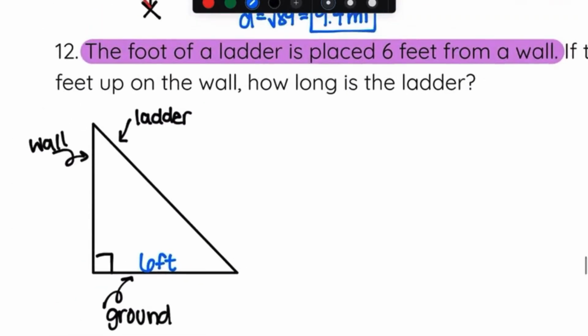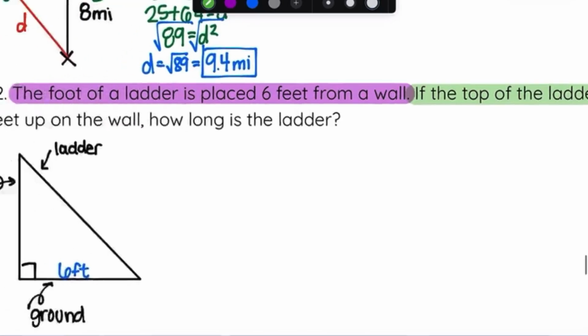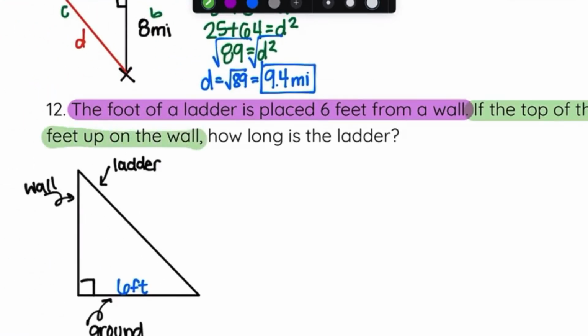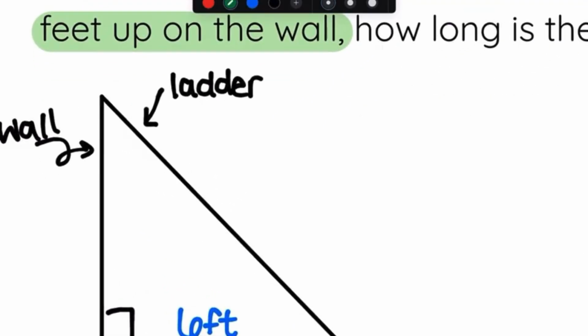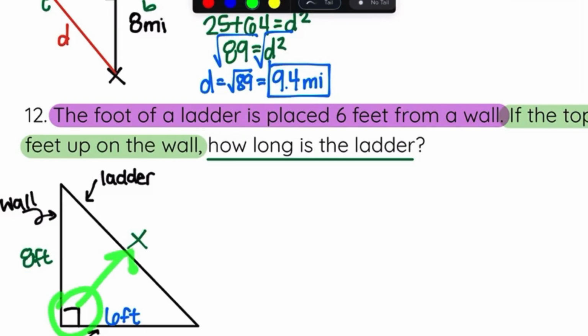there's the 6 feet. If the top of the ladder rests 8 feet up on the wall, so that means I know the top of the ladder reaches up to a height of 8 feet. And they are asking, how long is the ladder? That's your question here. Okay, so again, hypotenuse, so that means my x is my hypotenuse in this case, so it's my c.